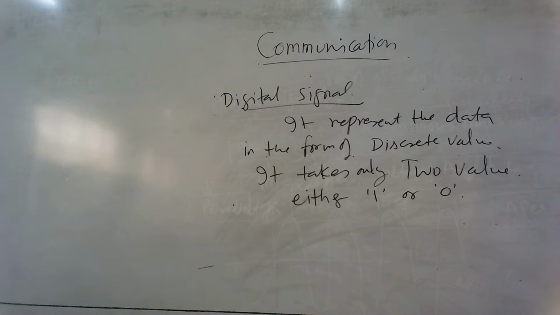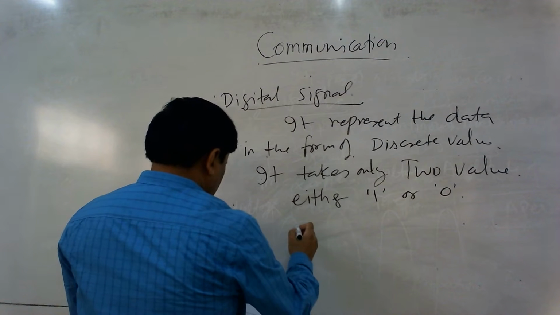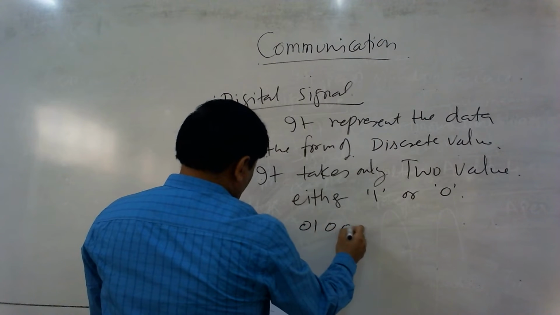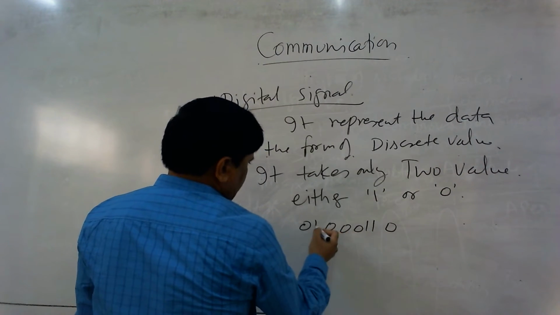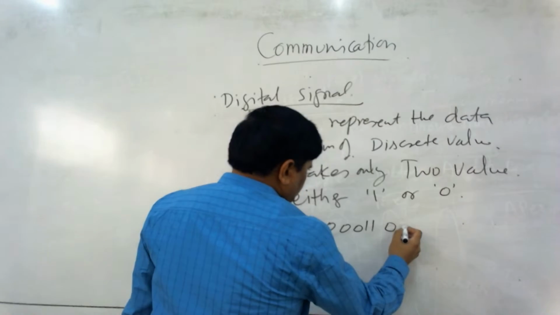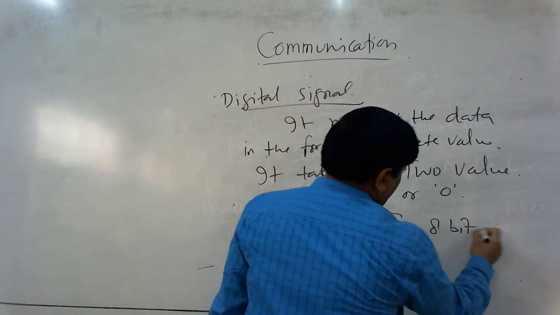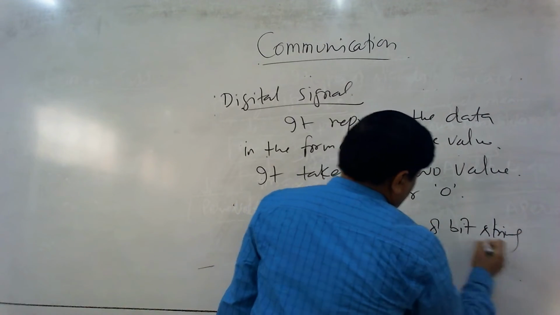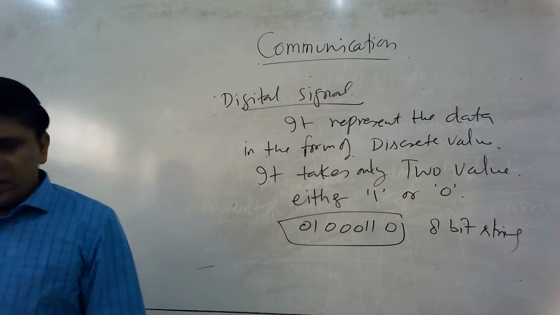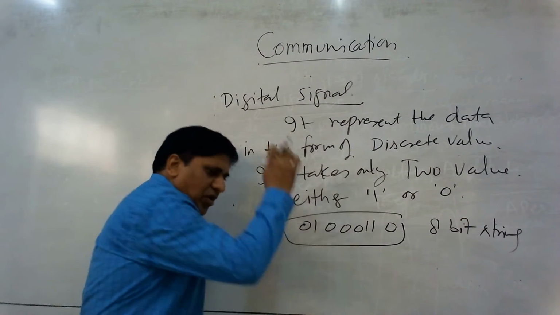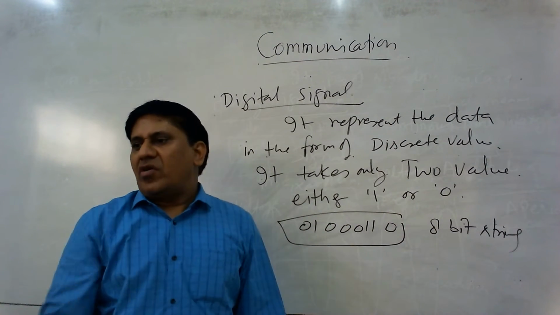So if we take a string of bits 0 1 0 0 0 1 1 0, numbered 1 2 3 4 5 6 7 8, it is an 8-bit string, and every digit is called a bit, and every 8-bit string is called a byte.